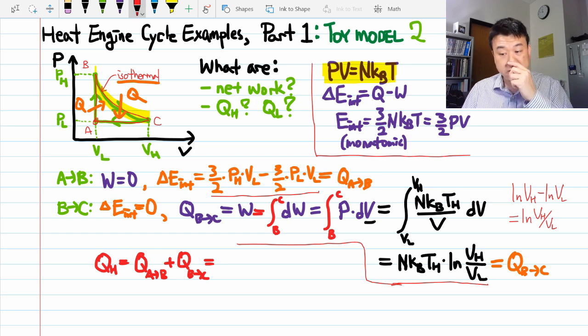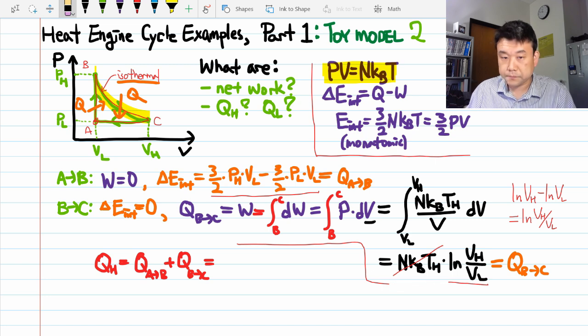I can do one simplification. Instead of writing this in terms of temperature, I can write it in terms of pressure and volume. This would be equal to high pressure times the low volume. So with that, this is the expression for the total heat input.